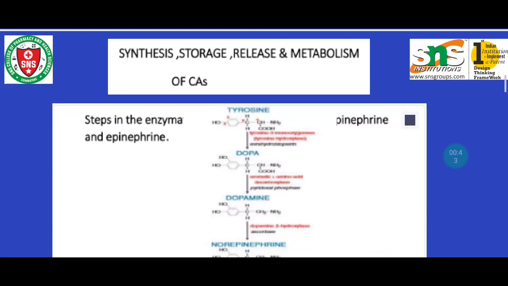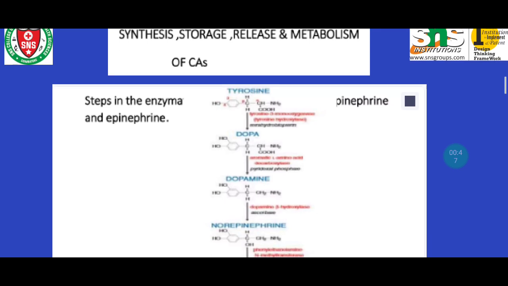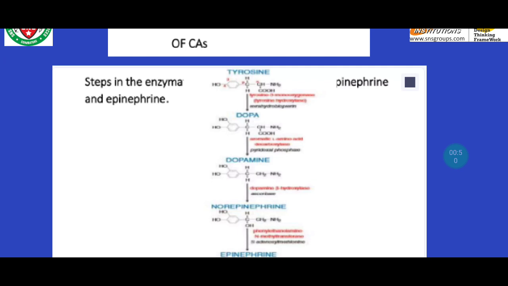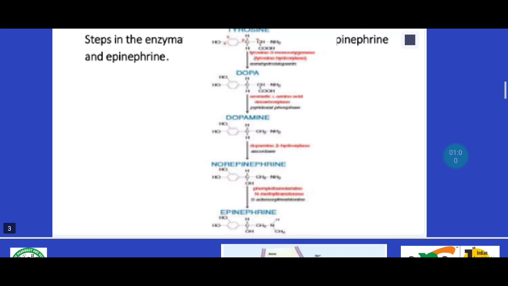Next we are moving to the synthesis, storage, release and metabolism of catecholamines. First it is starting from the tyrosine. That tyrosine is converted to dopa. That dopa is converted to dopamine. Dopamine is converted to norepinephrine.